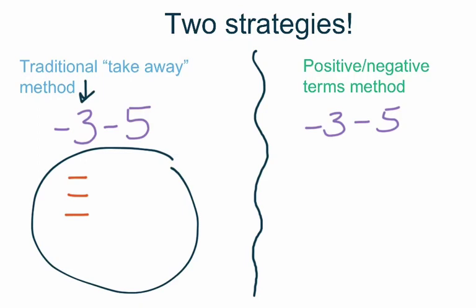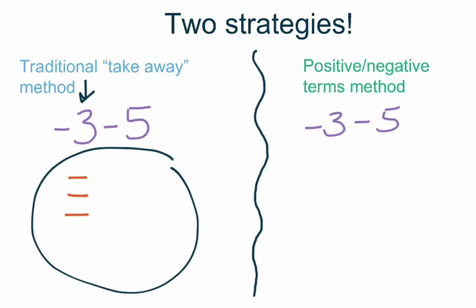Here's the problem, though. Do I have 5 positives on my plate to take away? In our last problem, we had 10 positives and took away 7 positives, so it wasn't an issue. But we're starting with 3 negatives this time. How are we going to take away 5 positives? We don't have 5 positives.